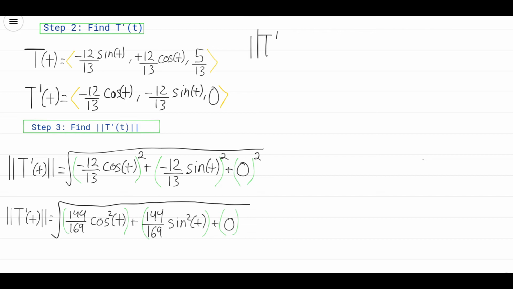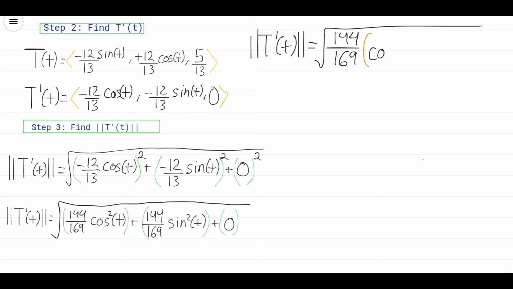Now we continue to factor this. We can factor out the 144 over 169 because it's common to both sine squared and cosine squared, and we can just eliminate the 0.